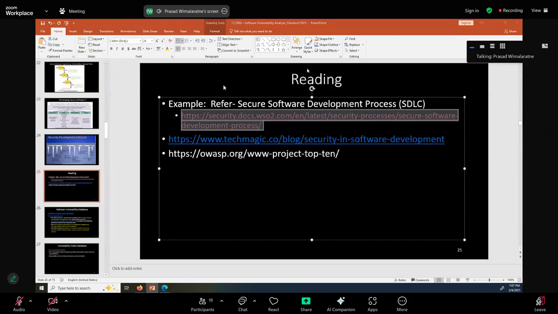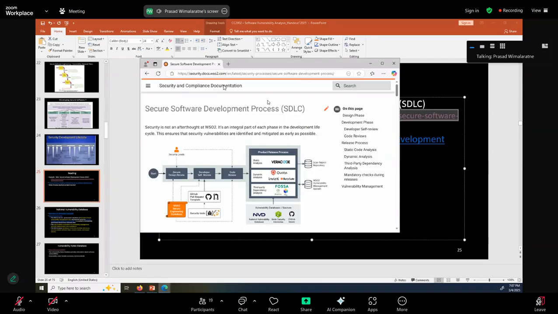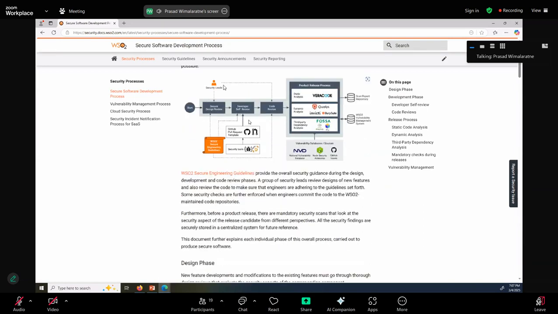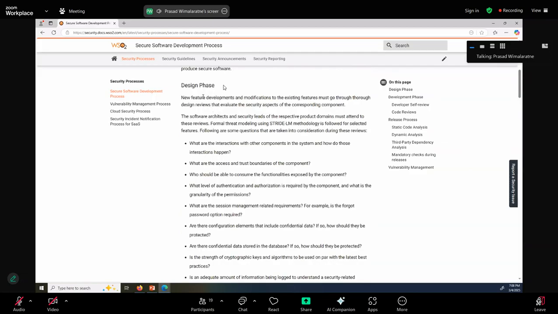You can see from a local organization their secure software development process, how it's going, what we are talking about here, from secure design review and developer self-review to code review in terms of security, right? There are various security tools and practices brought from other domains, and they have developed their own guidelines as well. So during the design phase, there are things to be looked at.